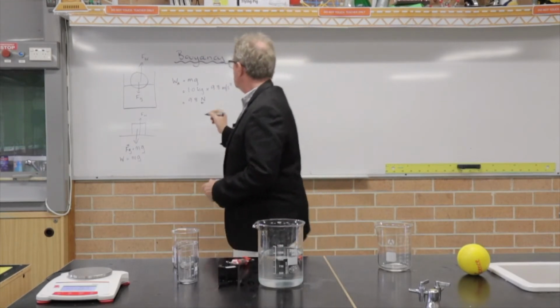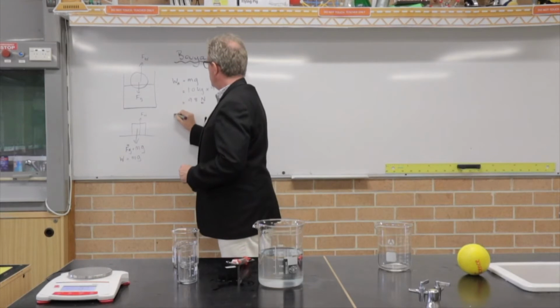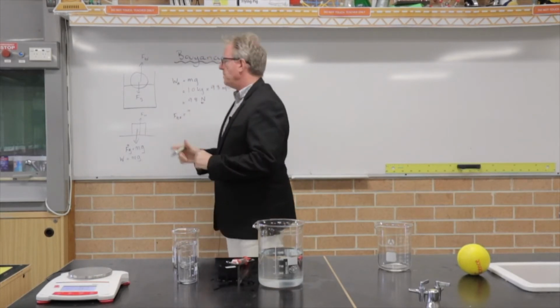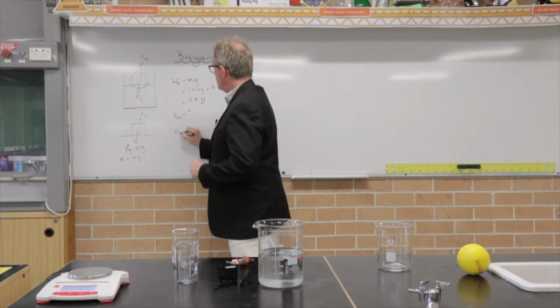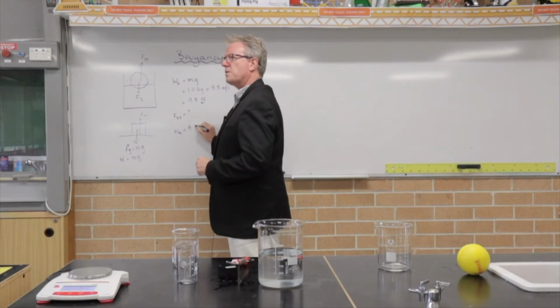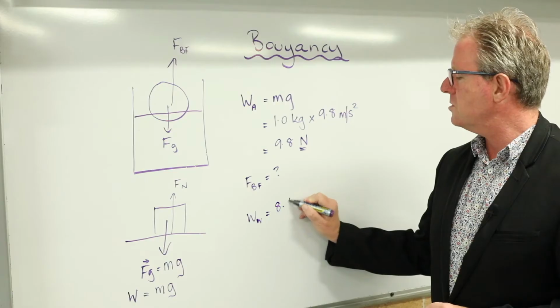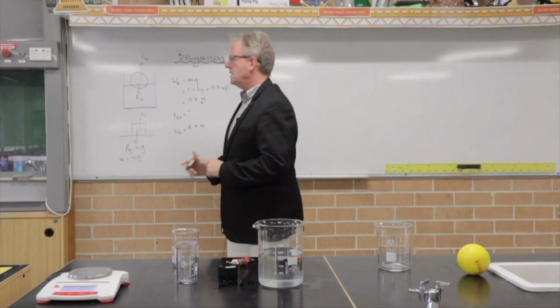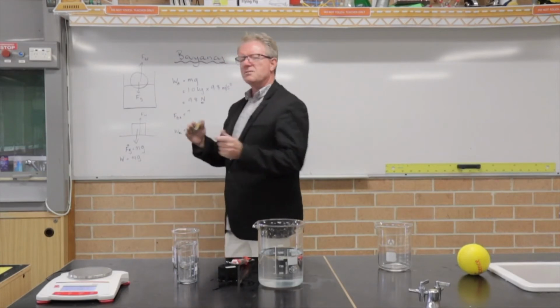And so let's have a look here. We've got the buoyant force, which is what we're trying to calculate, but we just said that the weight in water was 8.4 newtons. So therefore the buoyancy force must be the difference between those two.